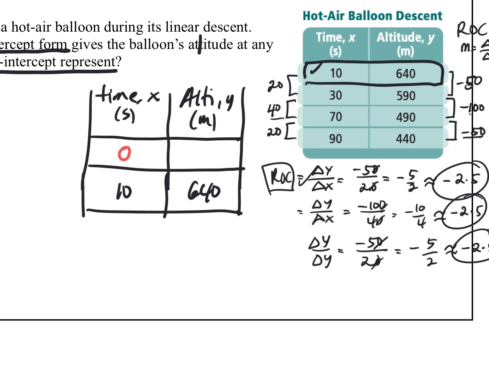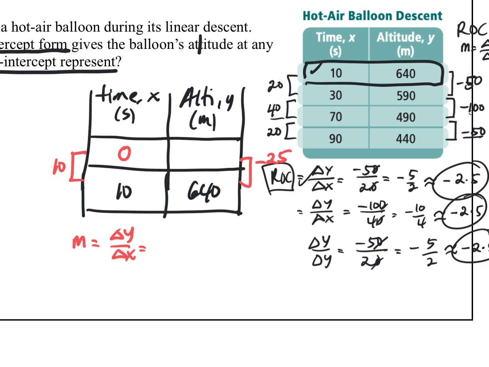If you're going to compute this, remember that we have a slope of negative 2.5, and we already know the change in x, which is 10. So our slope is change in y over change in x. Do I know my y?